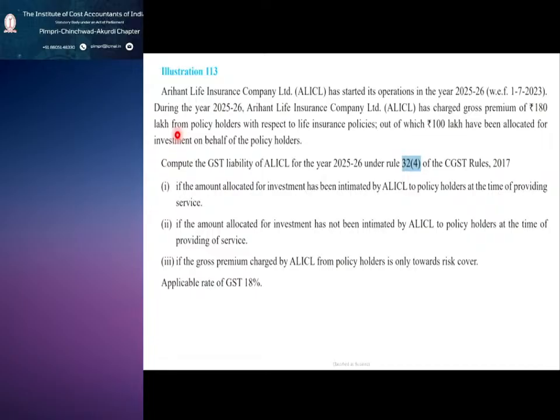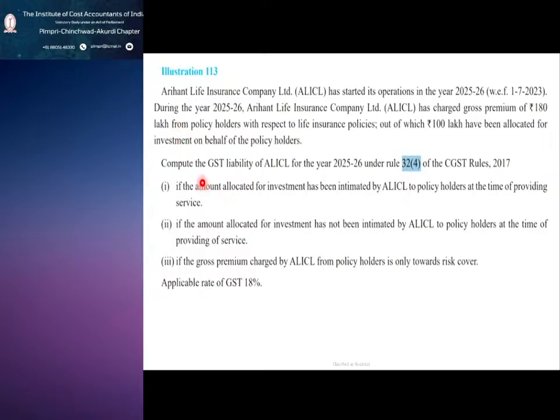So out of the 180 lakhs gross premium, 100 lakhs is allocated for investment. That is called the savings. In future they may ask, you have savings in your premium amount this much, would you like to take any other insurance policies? They may come back in that way.